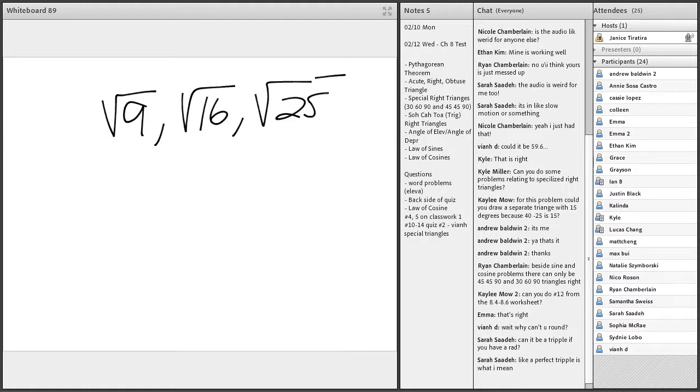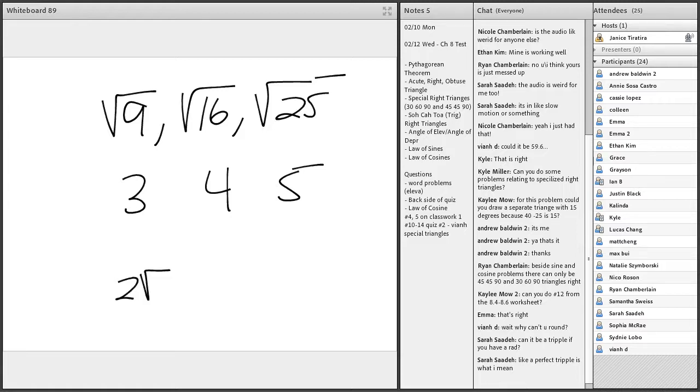I know those could be simplified down to 3, 4, 5, so that's a triple. I don't know, we should maybe Google it. There was one time, yes. I don't remember the exact number, but I feel like there was one time, yes.